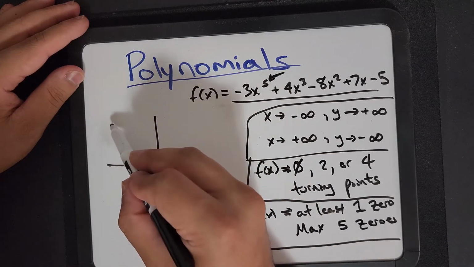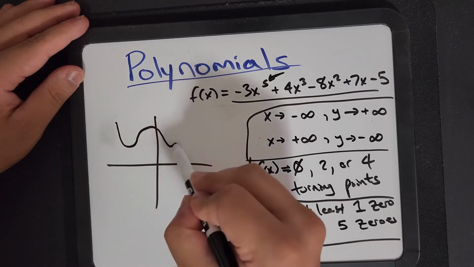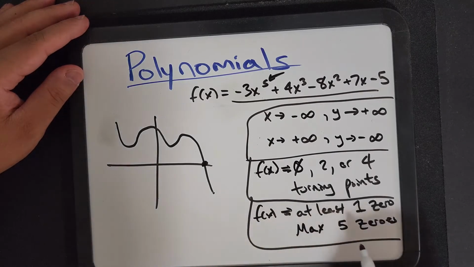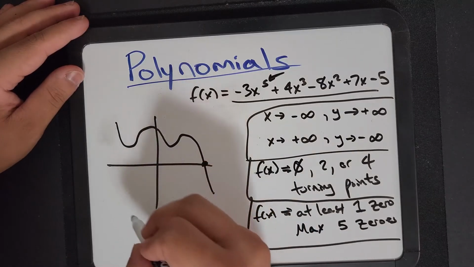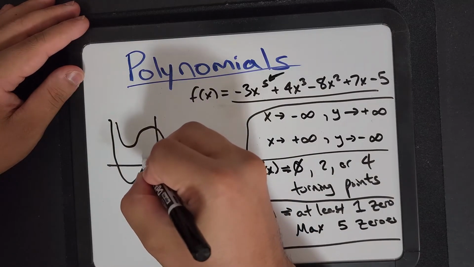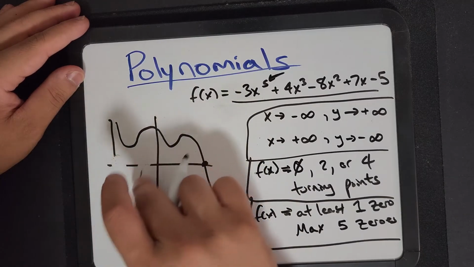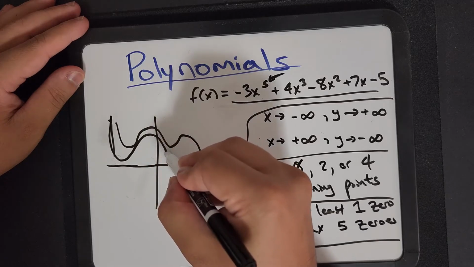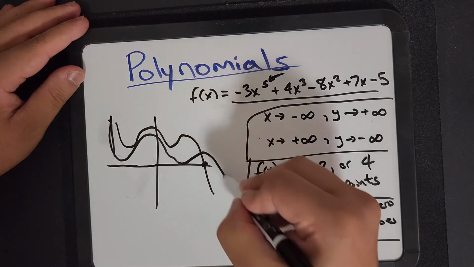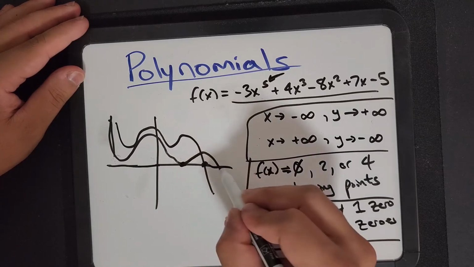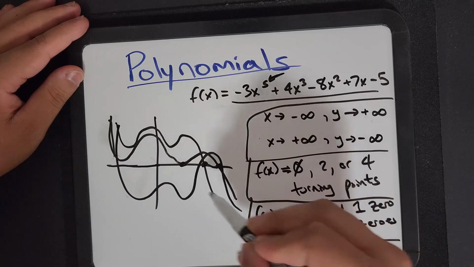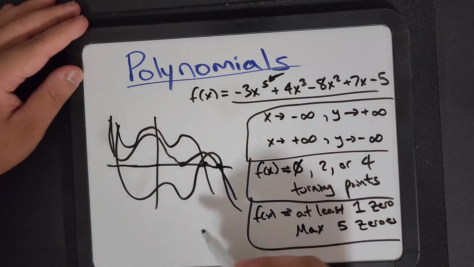It could actually have 1 zero, or it can have 2 zeros, or even 1, 2, 3 zeros.